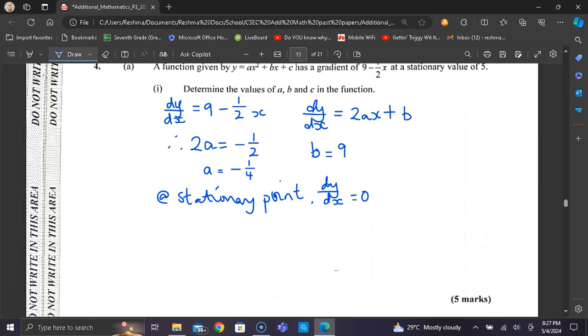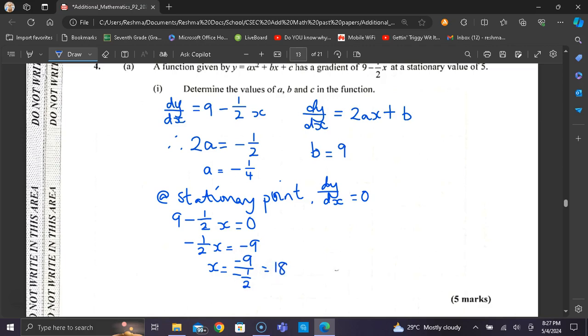Therefore, if we equate dy dx, which is 9 minus a half x, equal to 0, I can solve for x. Carrying across the 9, minus a half x will be equal to negative 9, and x will be negative 9 divided by negative a half, which gives 18.